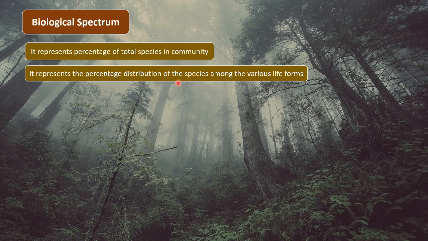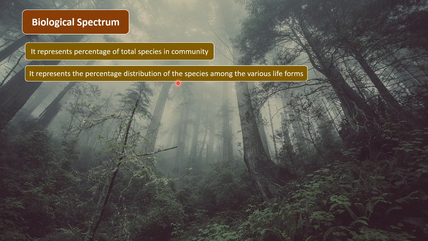Now as I told, we are going to record all the life forms that are present, so what this biological spectrum will do, it will also calculate the percentage of species in each life form. For example, in phanerophytes, what is the percentage of species that fall under phanerophytes? Is it 5%? Is it 10%?